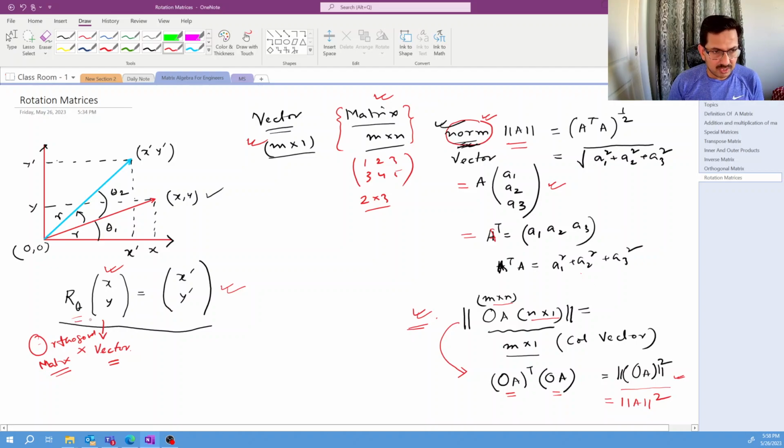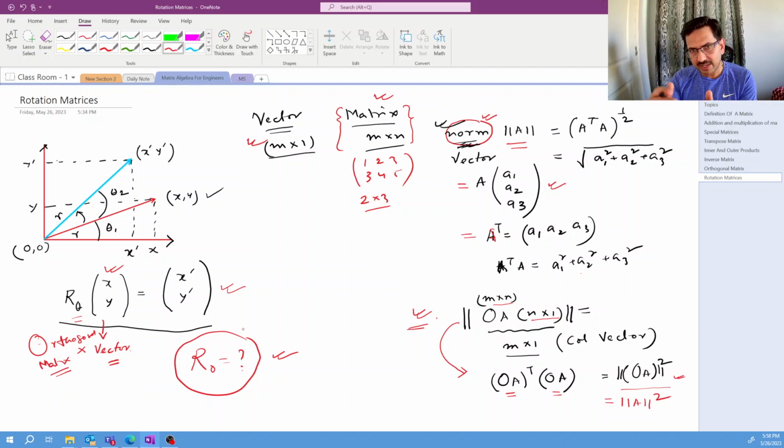And now in this session, we'll basically focus on how we'll find out this thing. This is the part which we'll cover now. Hope you understand the problem statement, whatever we covered: vector, matrix, how to calculate the norm, orthogonal matrix, and the very important property of an orthogonal matrix, how it's preserving the length or distance.